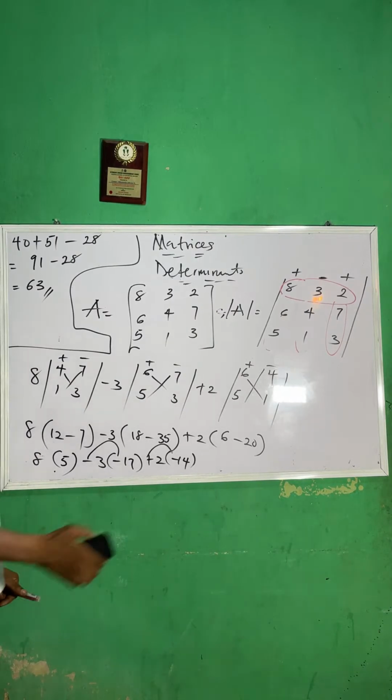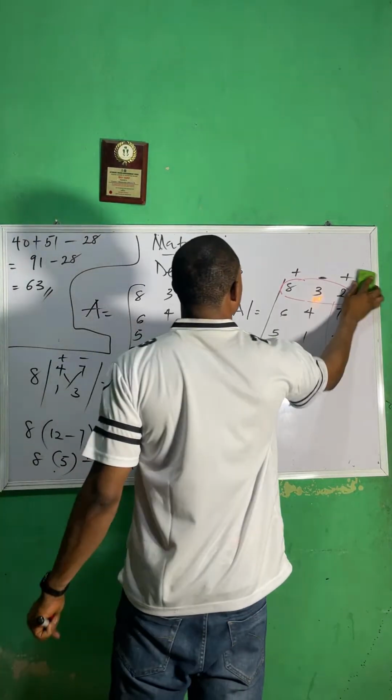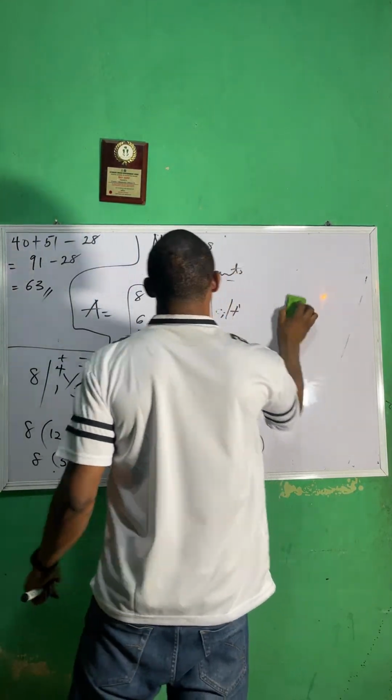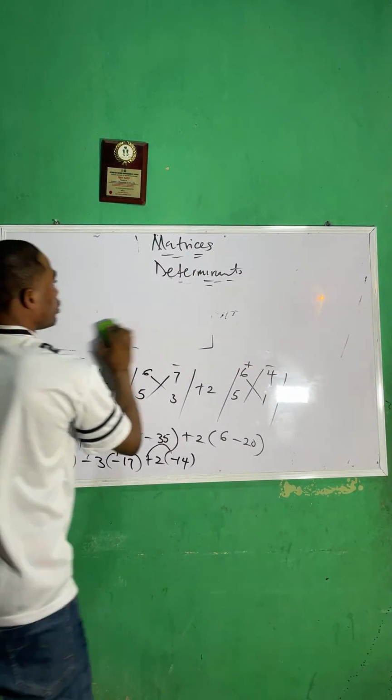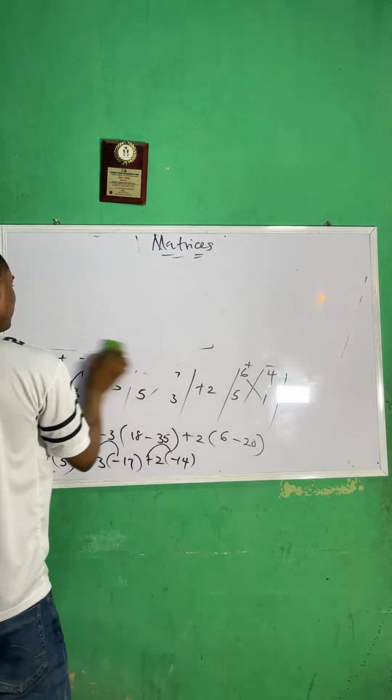So we have done determinants. That means we have done determinants 3 by 3 now. So let's move to inverse matrices.